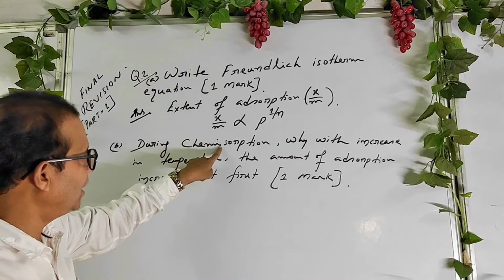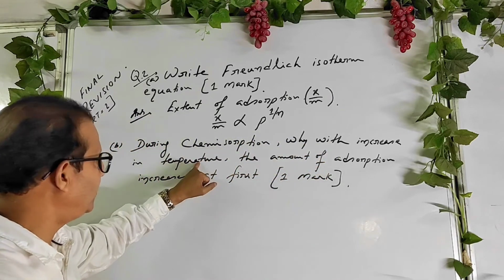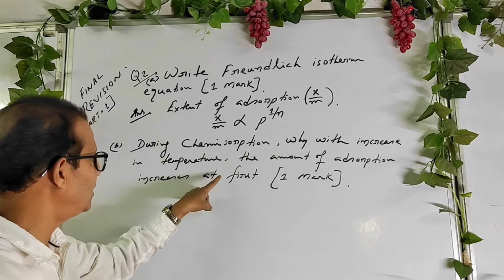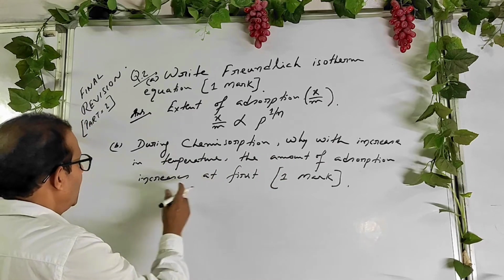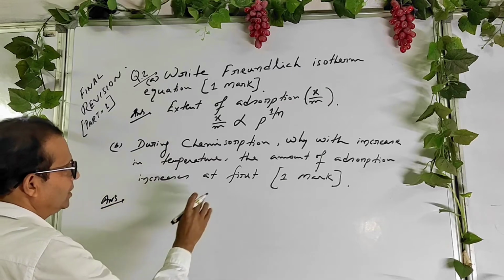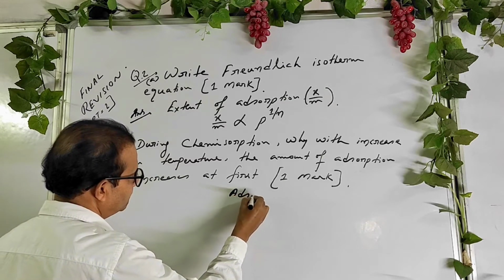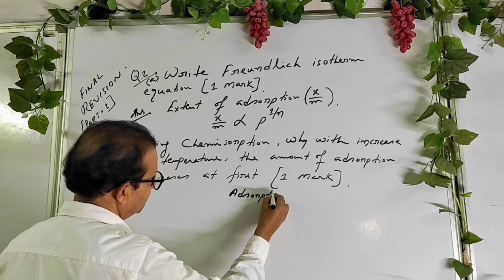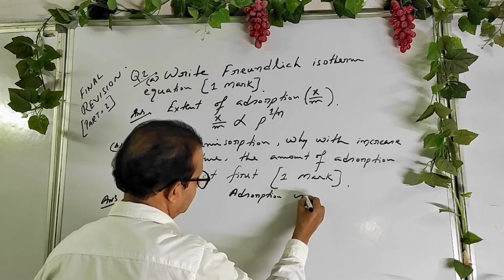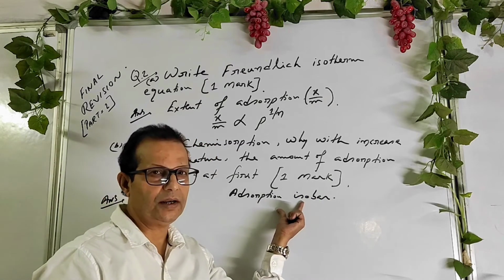During chemisorption, why with increase in temperature does the amount of adsorption increase at first? Actually, if you draw the graph, this is called adsorption isobar. What is adsorption isobar?